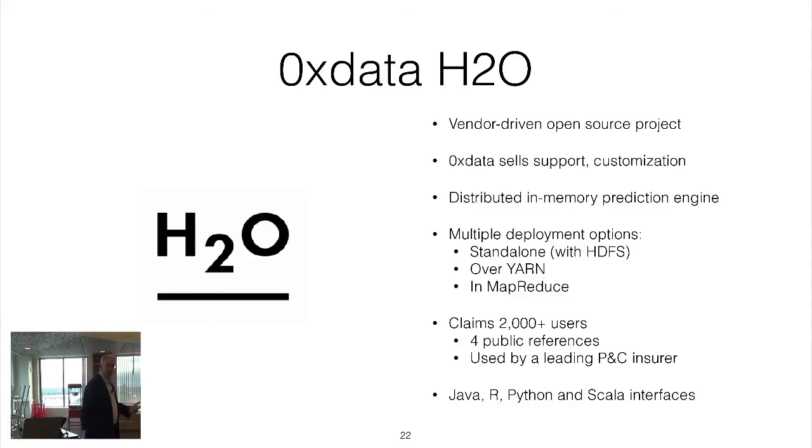I'm not enough of an expert in deep learning to know if it really is deep learning, but they're at least marketing it as deep learning. They claim to have a couple thousand users. They have 4 public references, and I personally know of a major property casualty company that's using it and likes it. They have Java, R, Python, and Scala interfaces, and their R interface in particular is very strong.